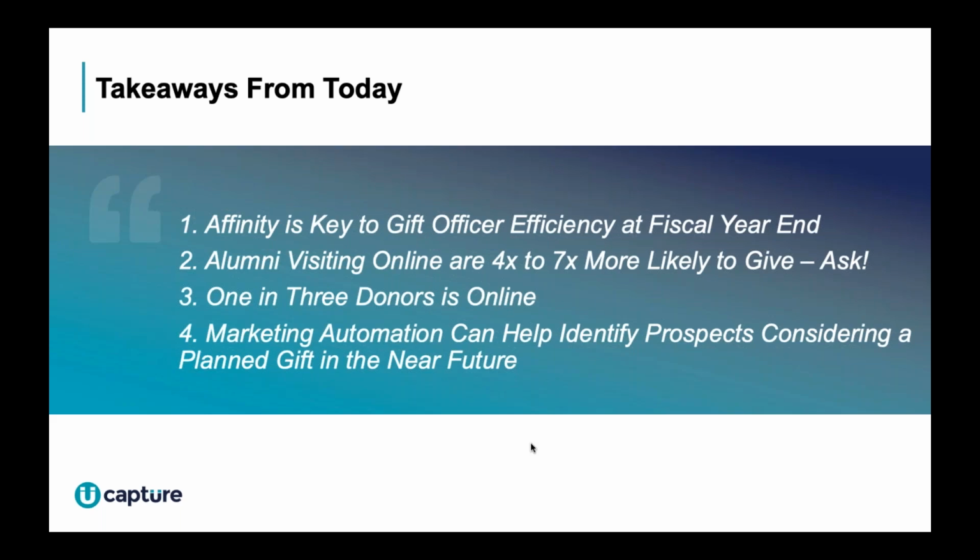But marketing automation is really a tool that's going to help your advancement office throughout the entirety of the fiscal year to prioritize the right relationships, get in front of the right alumni in maybe June and July and August of next fiscal year to make sure that June of fiscal year 20, you're in a position that may be better, that may be twice as good, it may be 3 times as good. But certainly we want to make sure that marketing automation is there throughout the entirety of the fiscal year to help amplify fiscal year end results by fiscal year end of 2020.